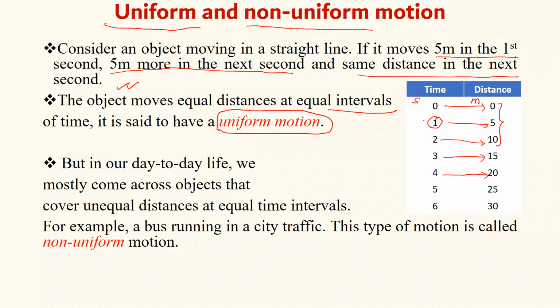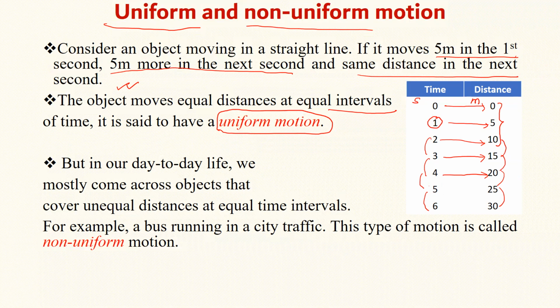So you see, in each 1 second time interval, the object has crossed a distance of 5 meters. 30 minus 25 is 5, 25 minus 20 is 5, 20 minus 15 is 5, 15 minus 10 is equal to 5.